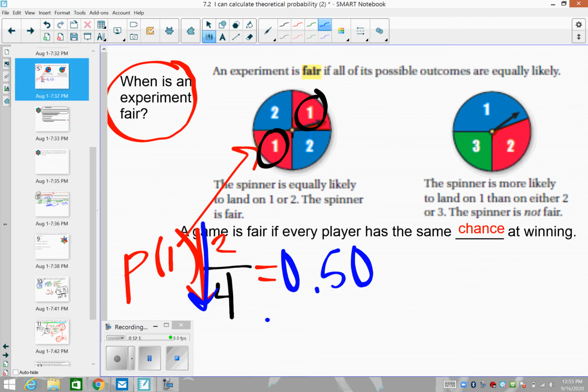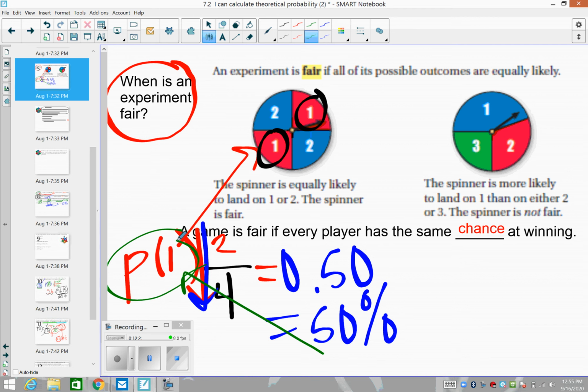So we would say that player 1 has a 50% chance of winning, which means player 2 has a 50% chance of winning. So we would say that this game is definitely fair. That's a fair spinner.